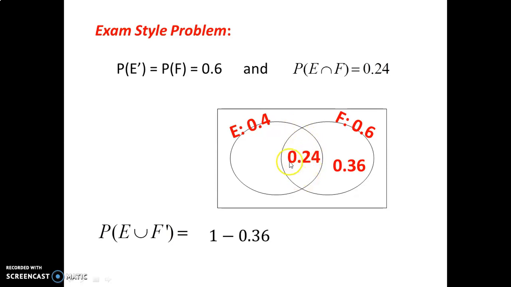This part, even though it's part of F, is also part of E, so that would be included. The union of E and F naught is everything shaded here except for this 0.36. So our answer for that is 0.64.